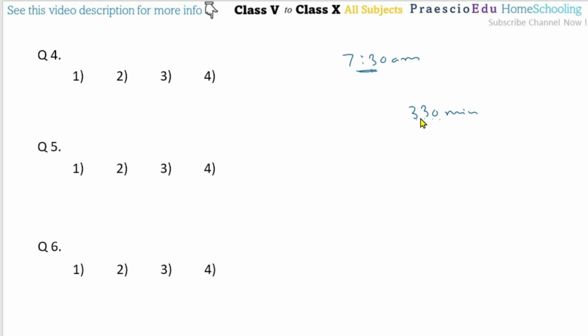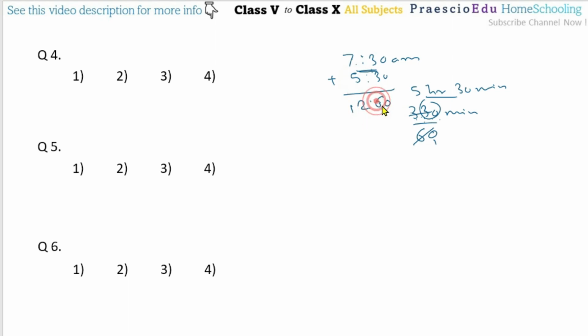First of all, we will convert these minutes to hours. So 330 divided by 60. We know 6 times 5 is 300, so the balance is 30. So 5 hours and 30 minutes. Now we have to add this to the starting time, so plus 5 hours and 30 minutes. The 30 plus 30 comes to 60, and 7 plus 5 is 12.